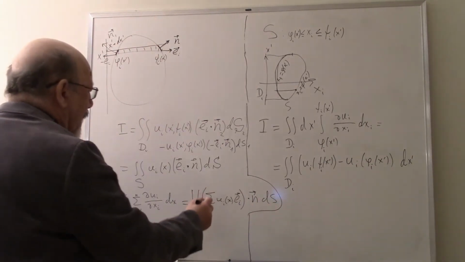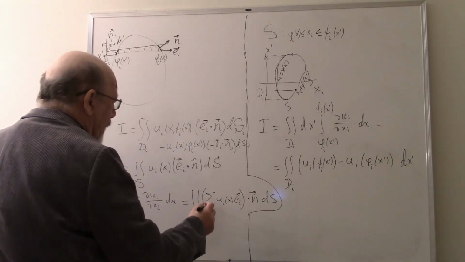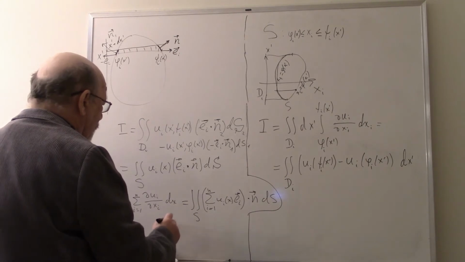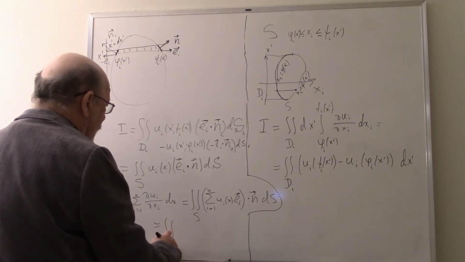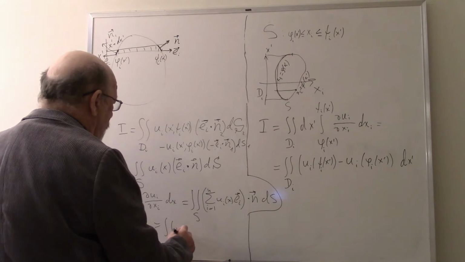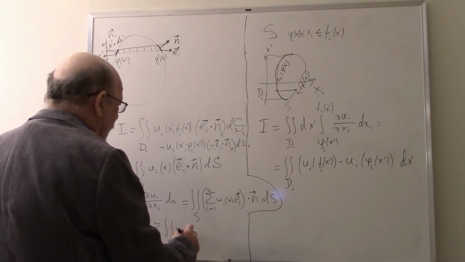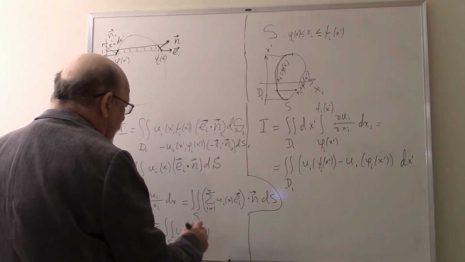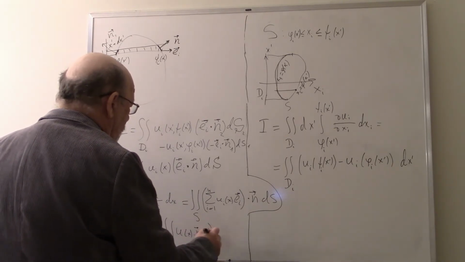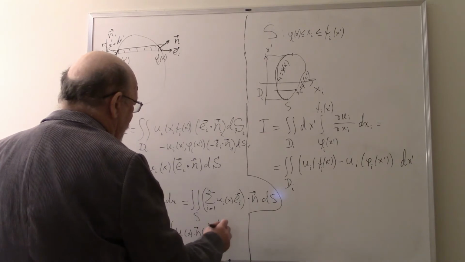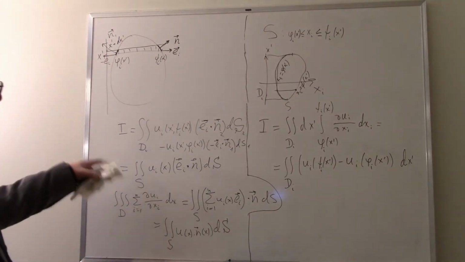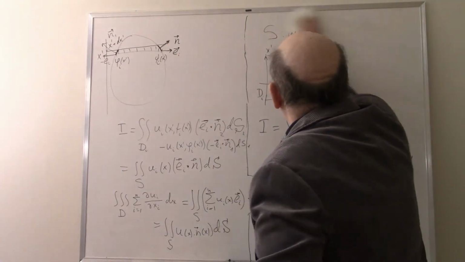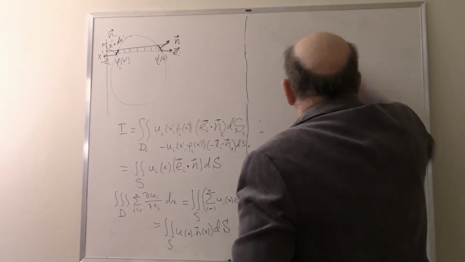But what is written is exactly the integral over S of u of x dot n of x dS. So this is the integral formula. So again, I write this finally.